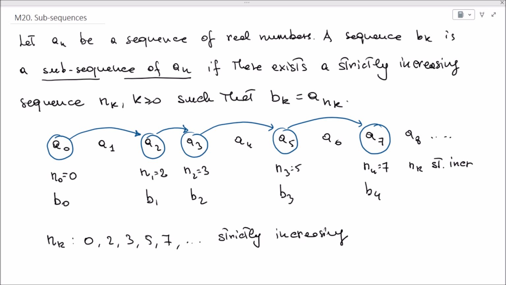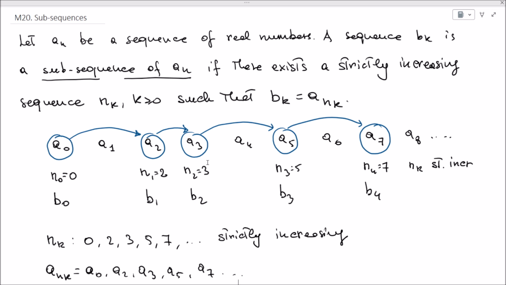So if this is the sequence of the indices, the sequence a_{n_k} would be basically a0, a2, a3, a5, a7. But this sequence is exactly what we call b_k. So this will be, let me start from b0: b0, b1, b2, b3, b4.